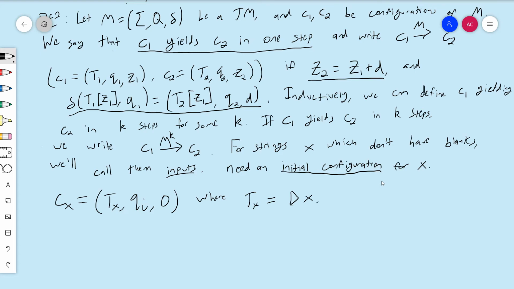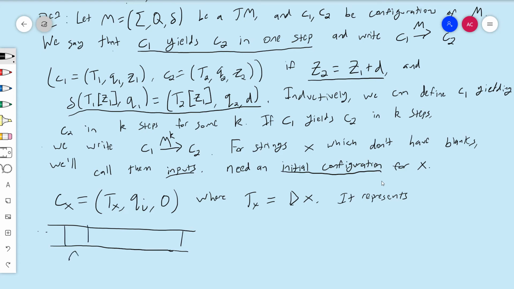To be more formal, I'll be more formal with strings and stuff in a little bit, but I think hopefully people get the idea.